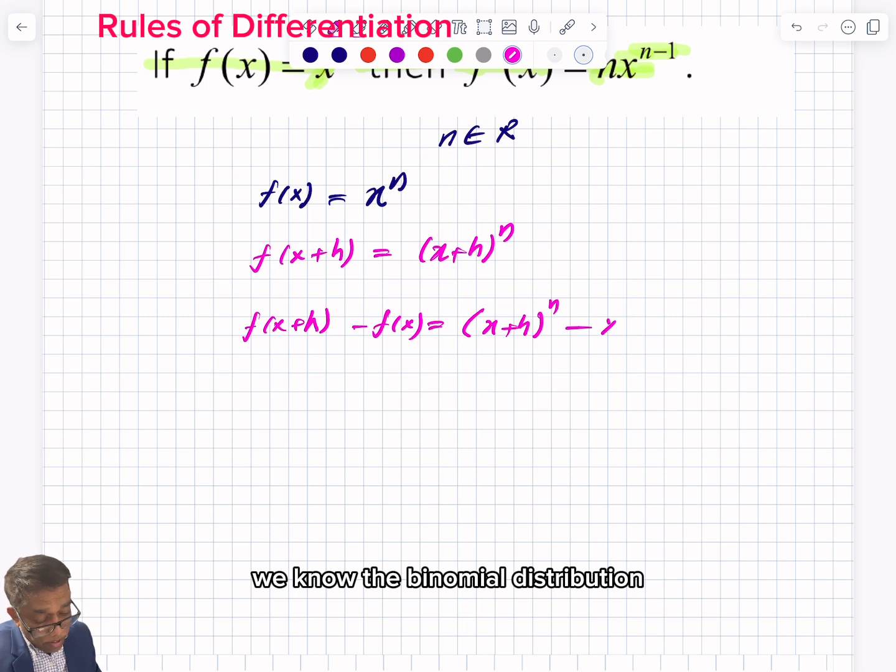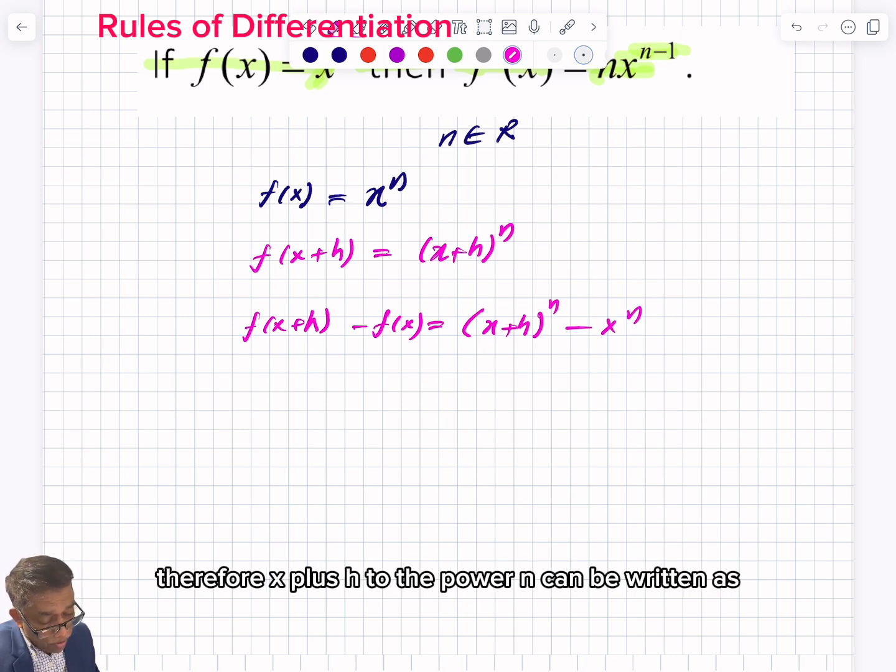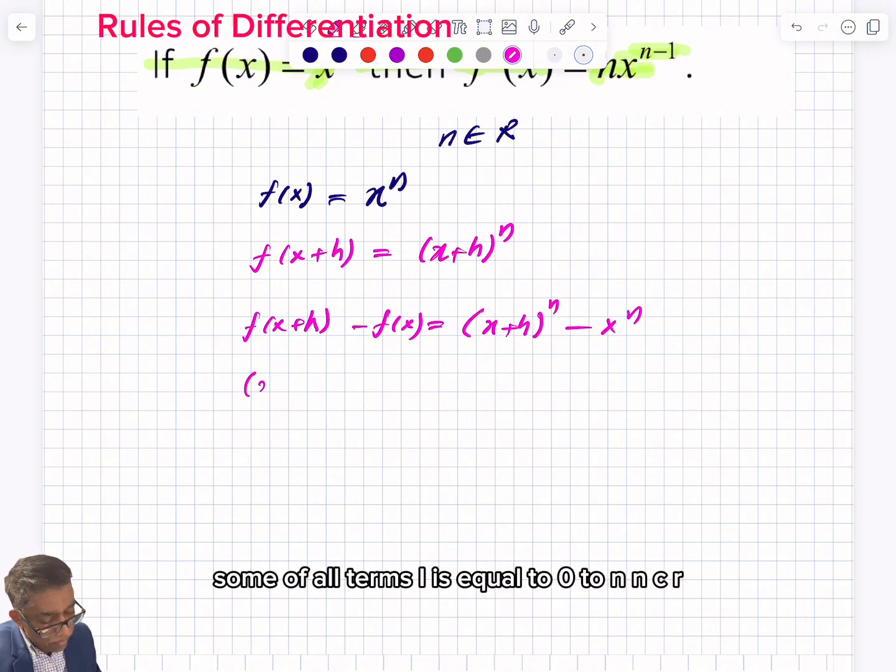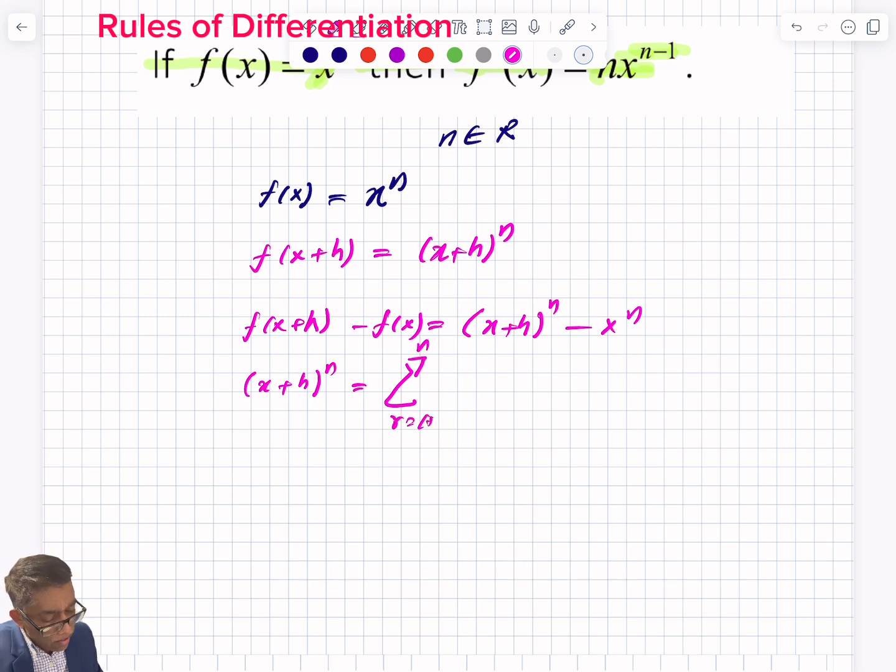We know the binomial theorem, therefore (x+h)^n can be written as the sum of all terms, r equal to 0 to n, nCr h^r x^(n-r).